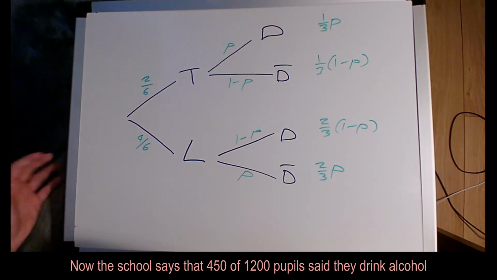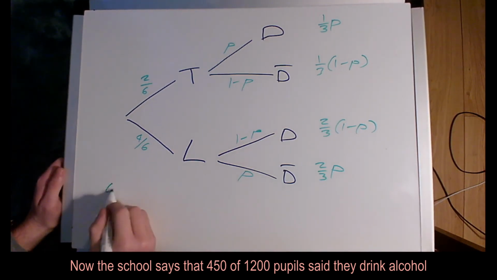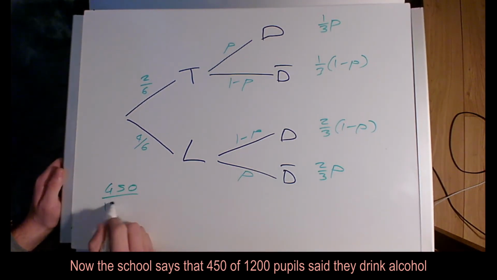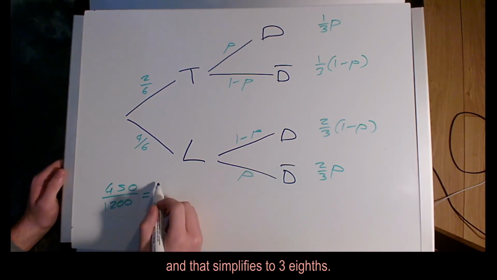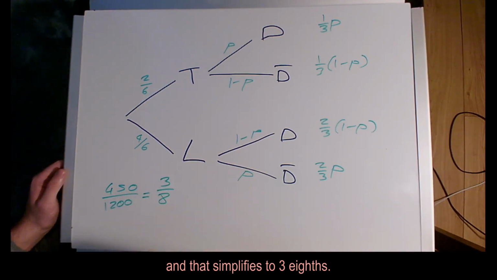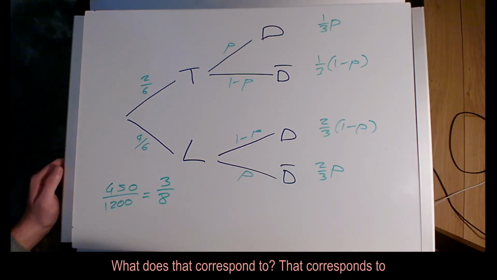Now the school says that 450 of the 1,200 pupils said they drink alcohol. That simplifies to 3/8. And what does that correspond to?